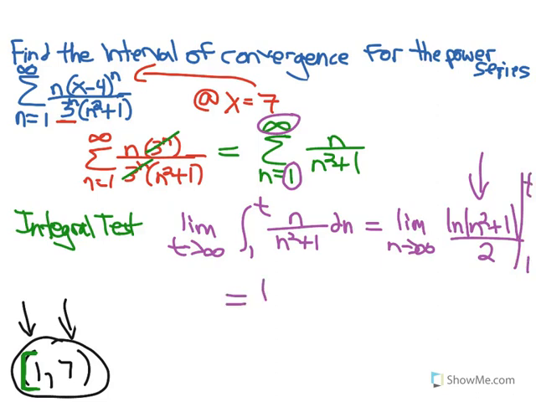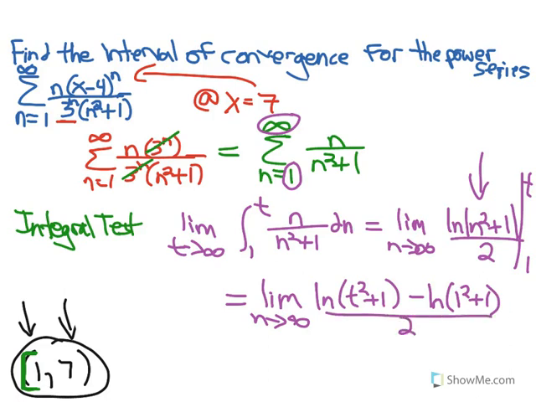So finally, this is the limit as t goes to infinity of ln of t squared plus 1 minus ln of 1 squared plus 1, over 2. Clearly this is going to go to infinity when we place infinity in here for t.